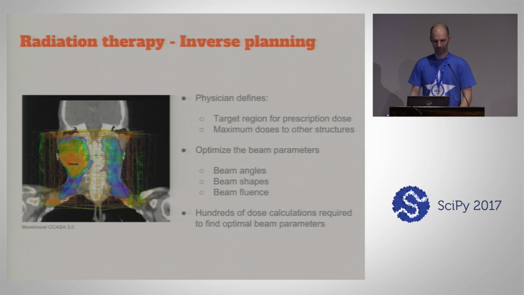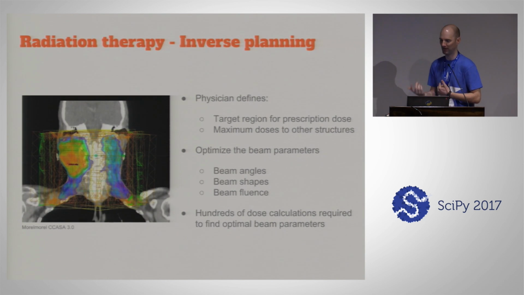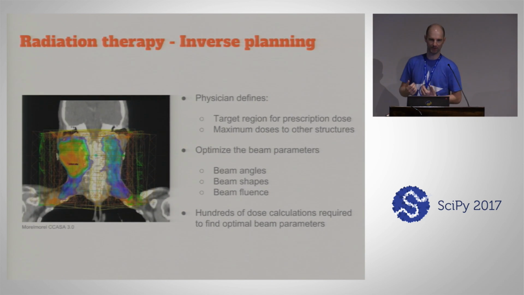I'm going to talk mostly about this external beam therapy today, but the problem you face when trying to plan radiation therapy is that you're trying to do what we just said, which was get that target dose to the tumor target and then deliver as little as possible outside of that. Typically what that actually means is that the radiation physician will go in and define the target area, which is a volume.